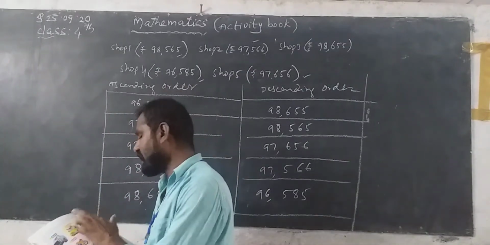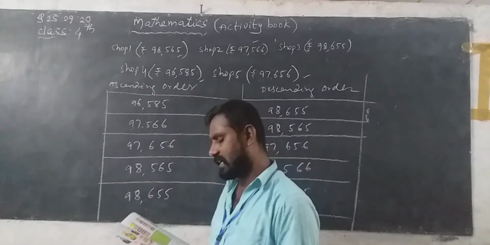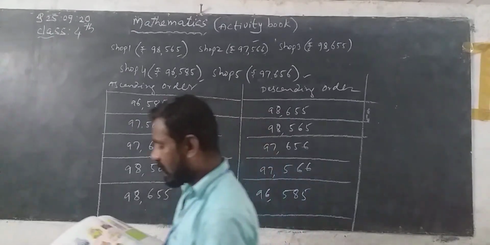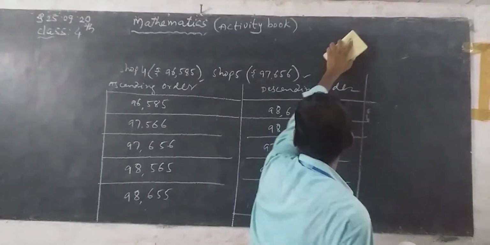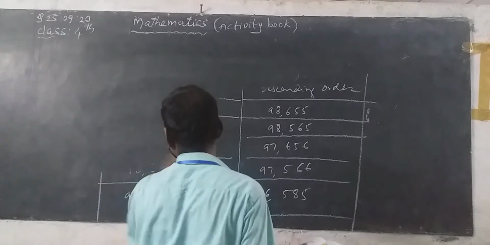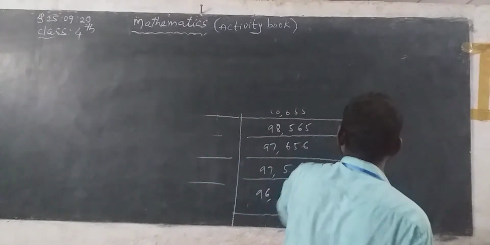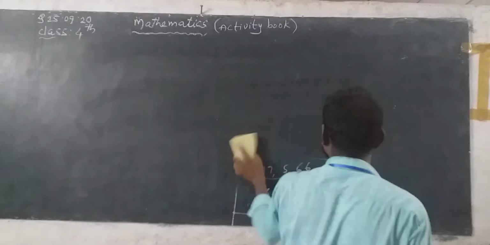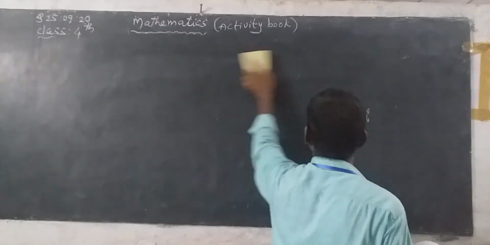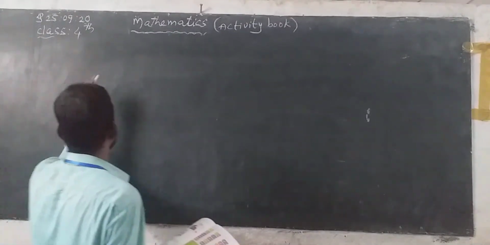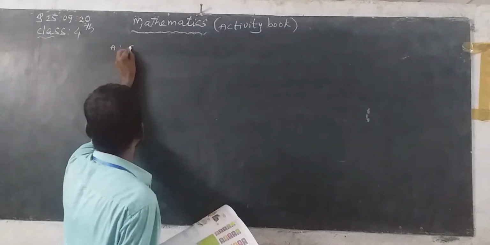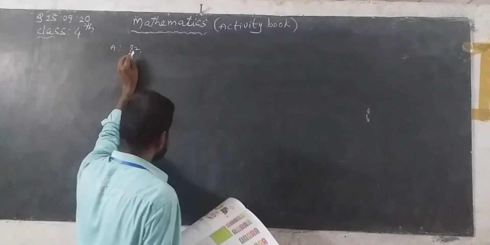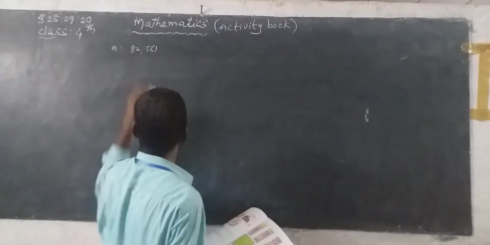Factory A, Factory B, Factory C, Factory D and Factory E. See here, Factory A made 82,561 toys.